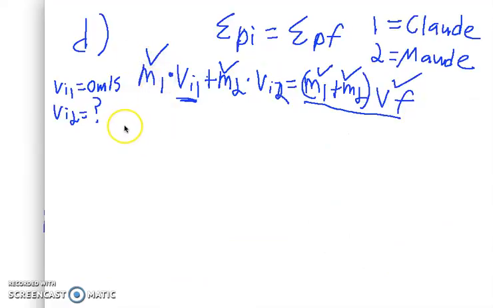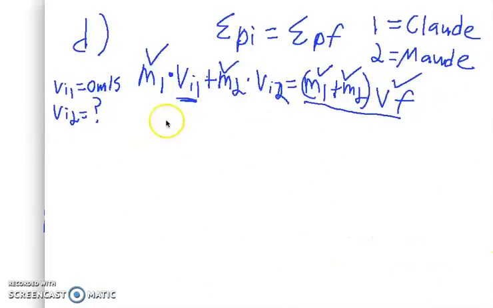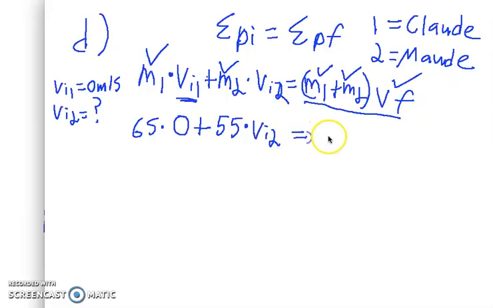So again, we plug in. Claude has a mass of 65 kilograms, times 0 because he's not moving, plus 55 times the initial velocity of Maud is equal to the whole right side, which is 960 Newton seconds.